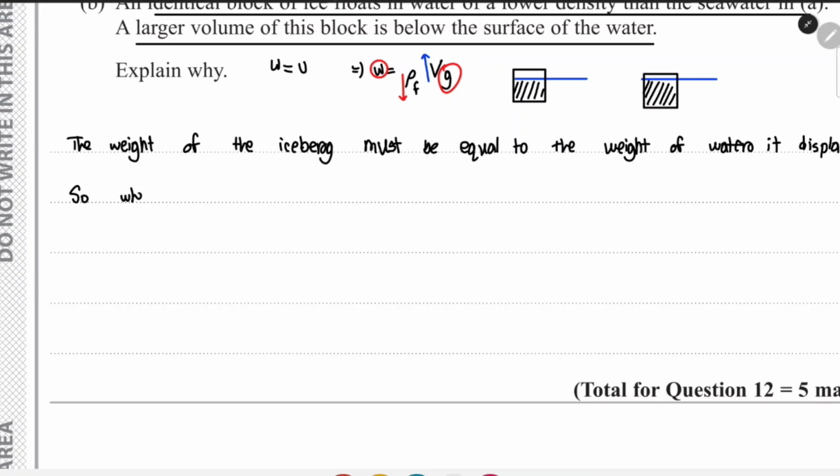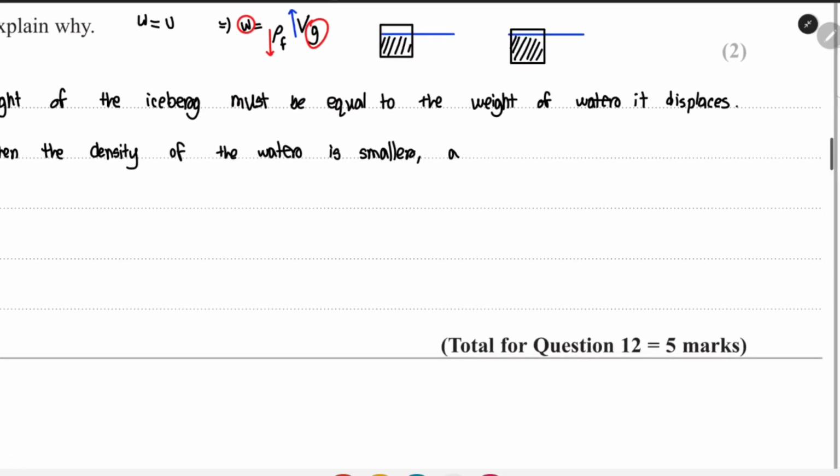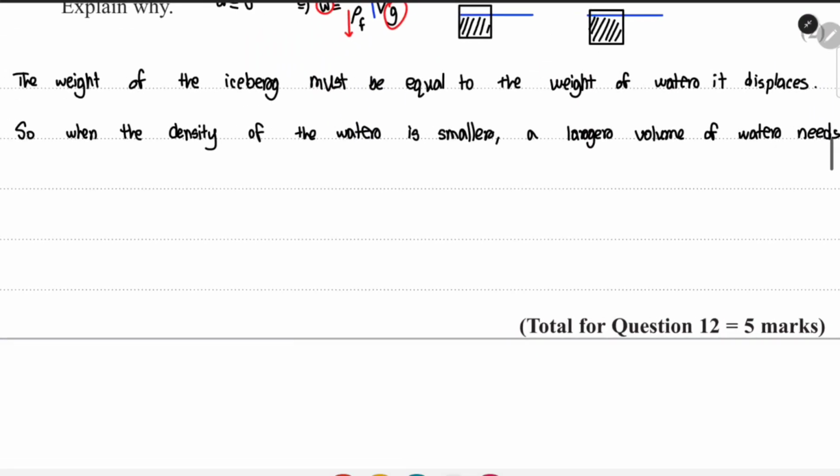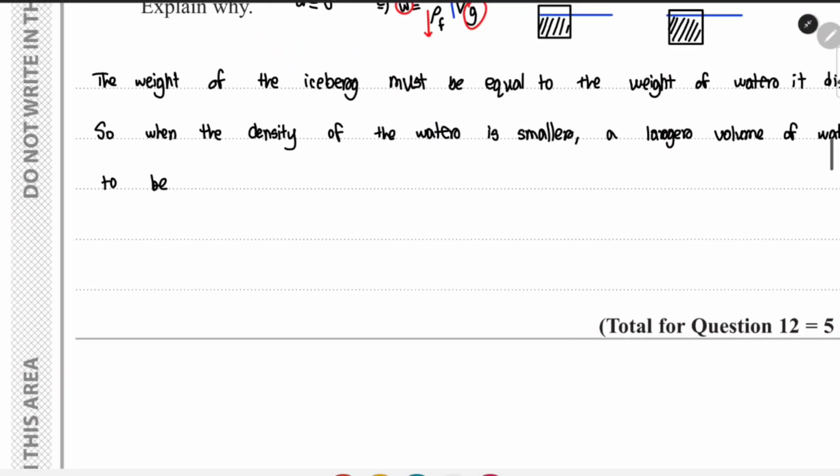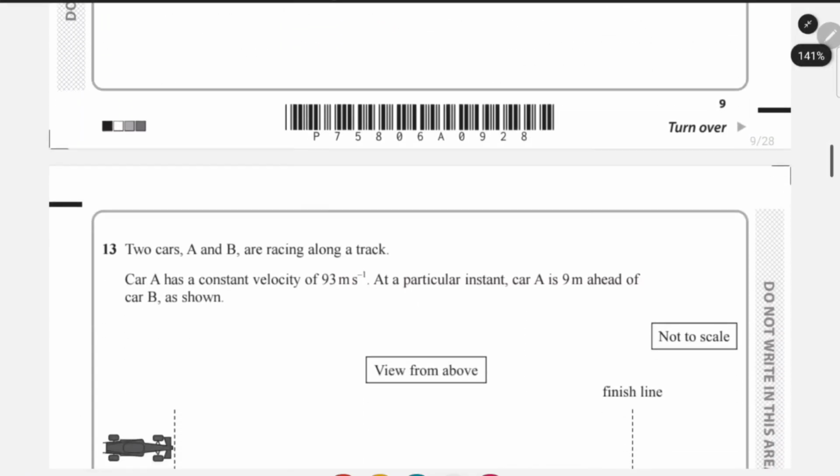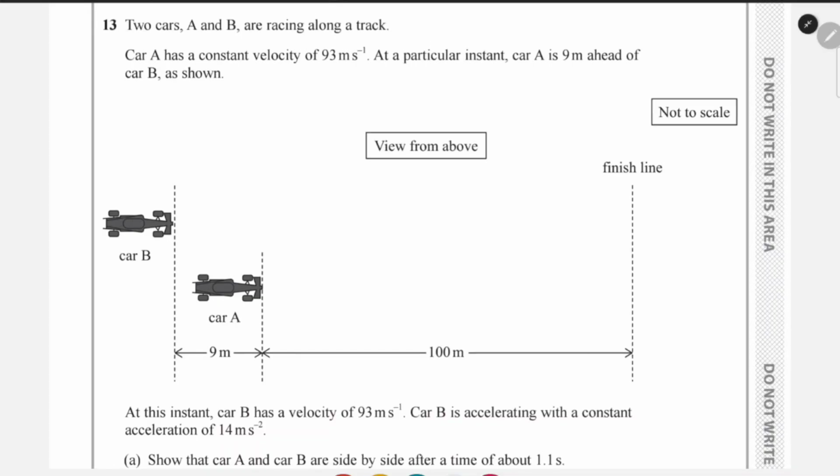So when the density of the fluid is smaller, a larger volume of water needs to be displaced. And that's the answer.